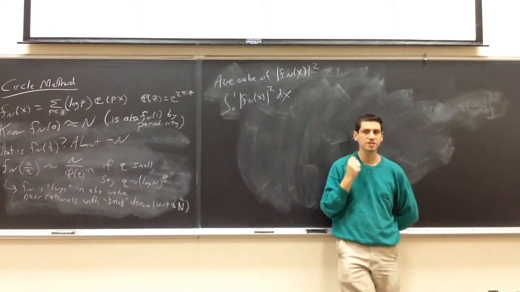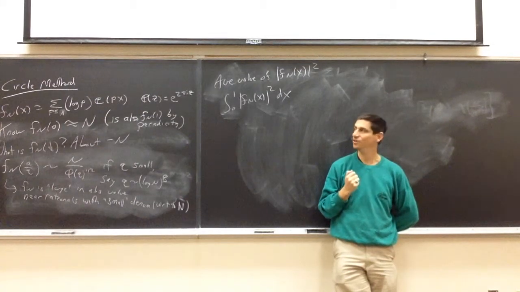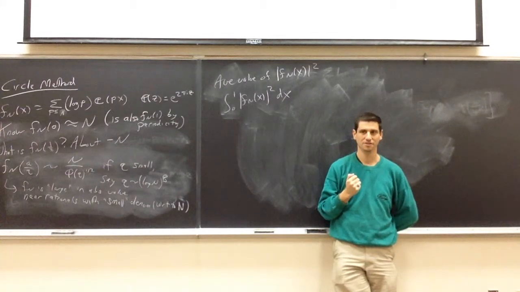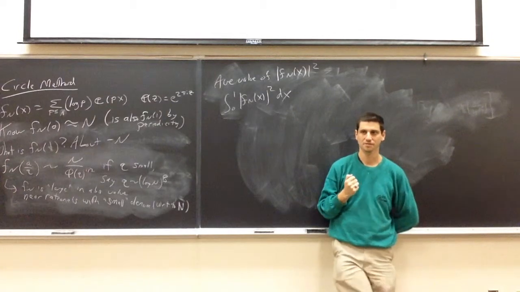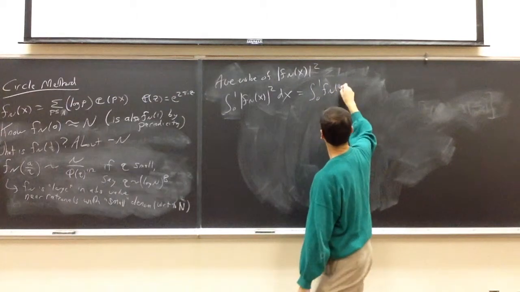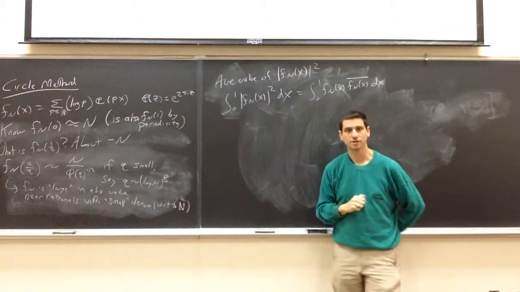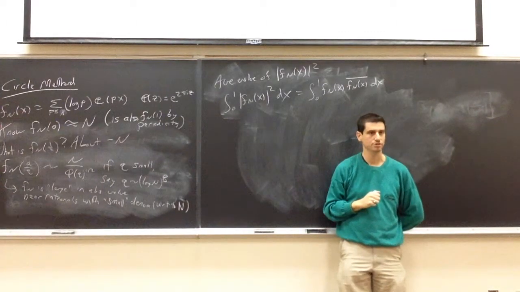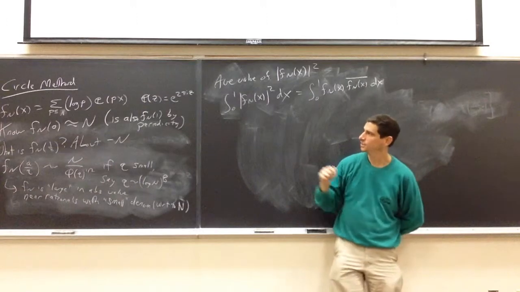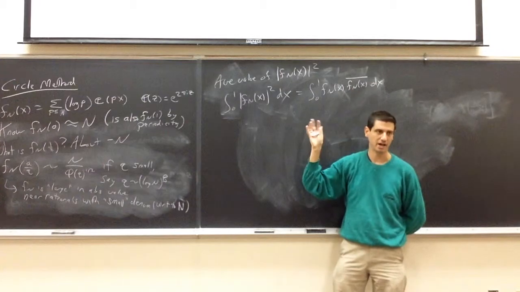This is one of the most important techniques in mathematics. And the secret is 2 is 1 plus 1. How do you write the absolute value squared? In terms of the complex conjugate, it's f_n of x times f_n of x bar dx. Well, if I'm putting a bar over my function, the log of p doesn't change if I take a complex conjugate. And then I have an e to the 2 pi i p x.